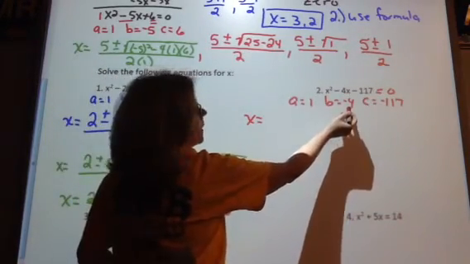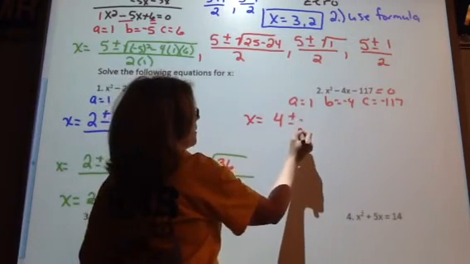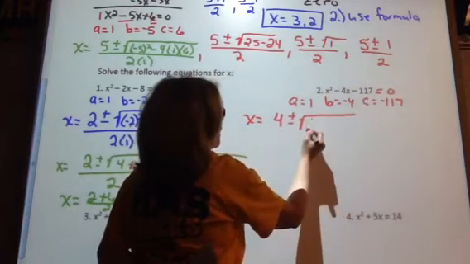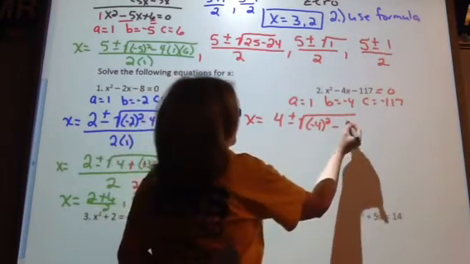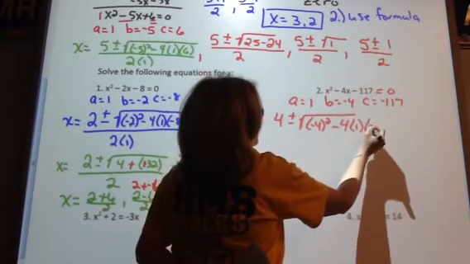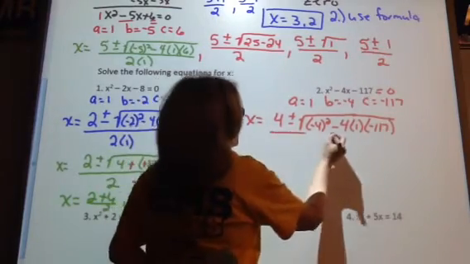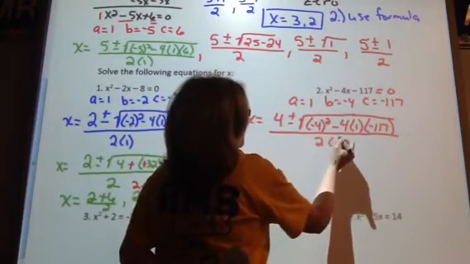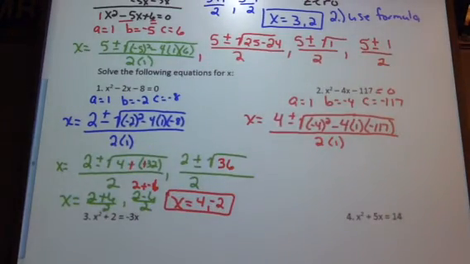Opposite of B, B is negative 4, so the opposite is positive 4, plus or minus B squared minus 4 times A times C, all over 2 times A. And see if y'all can simplify that.